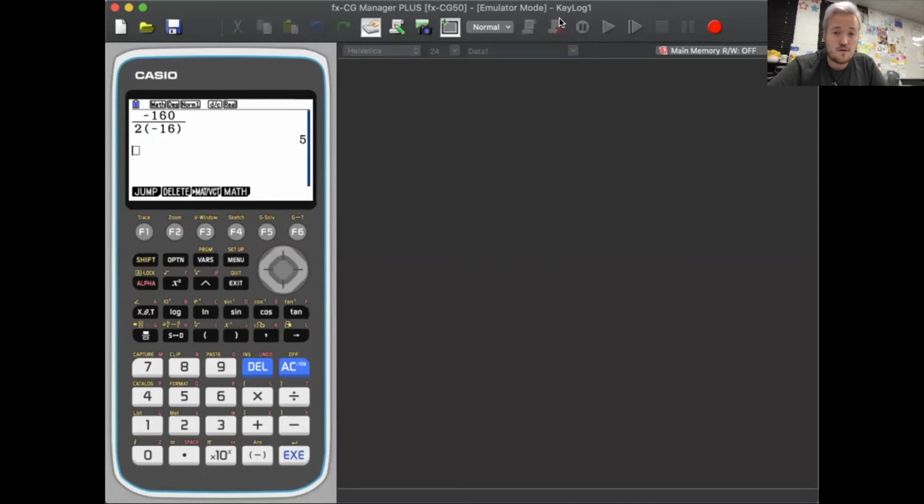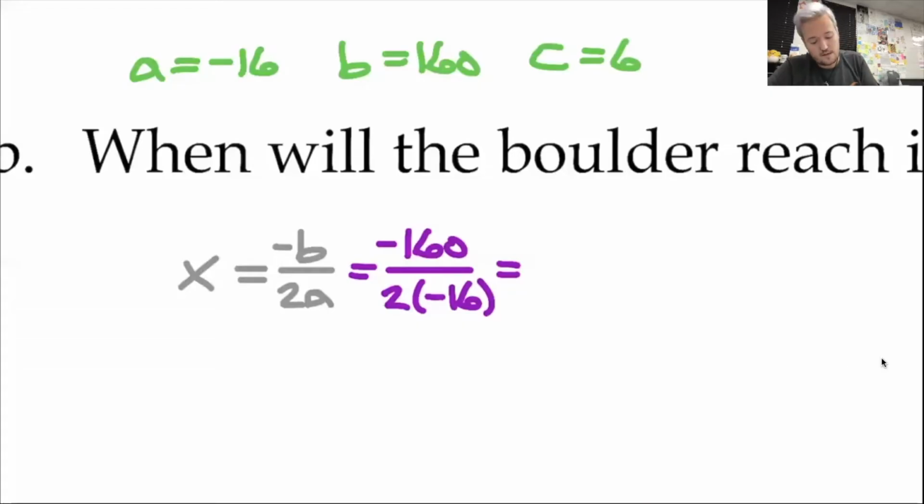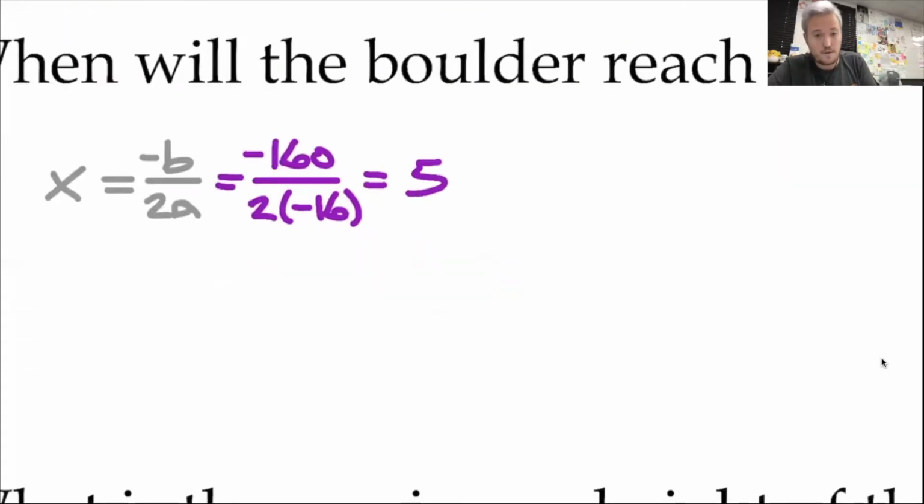All right, so now let's go ahead and go back over here. Technology is hard. There we go. All right, so that's going to give us 5. But remember, you can't just say the number, you have to give units. So 5 seconds.